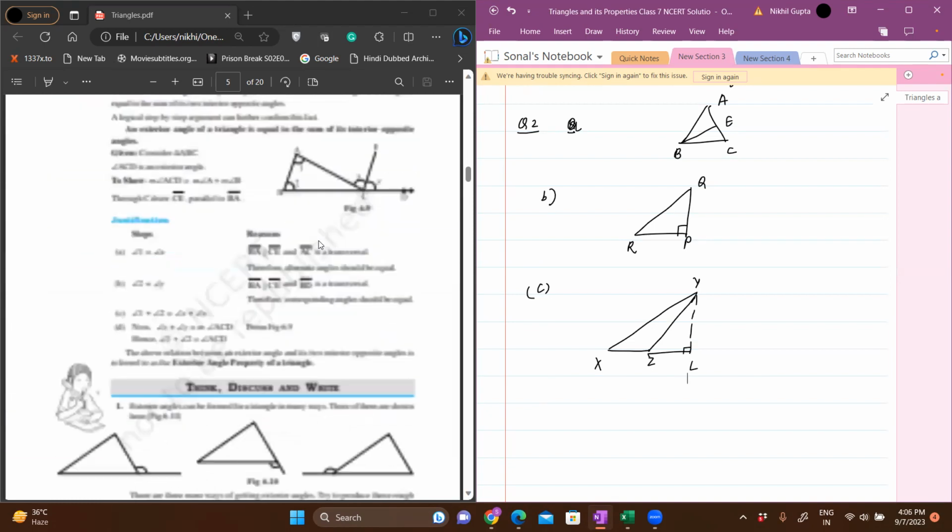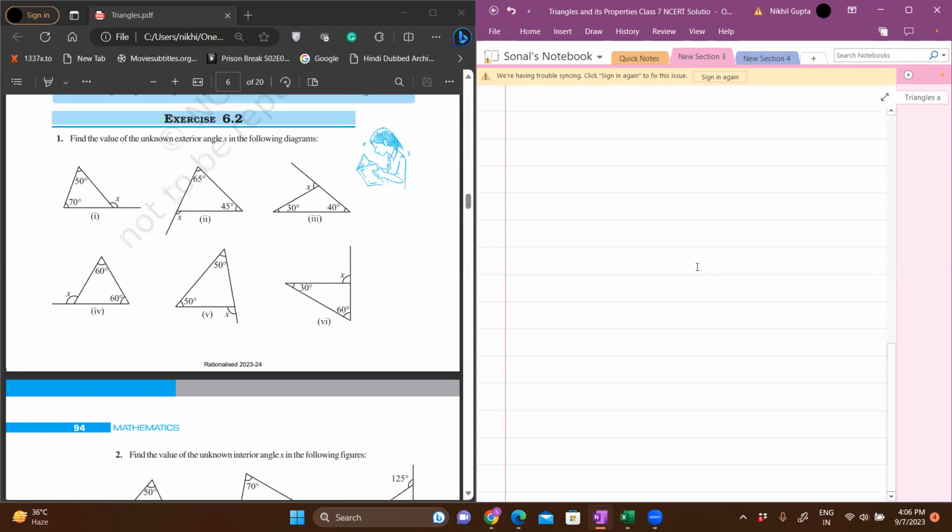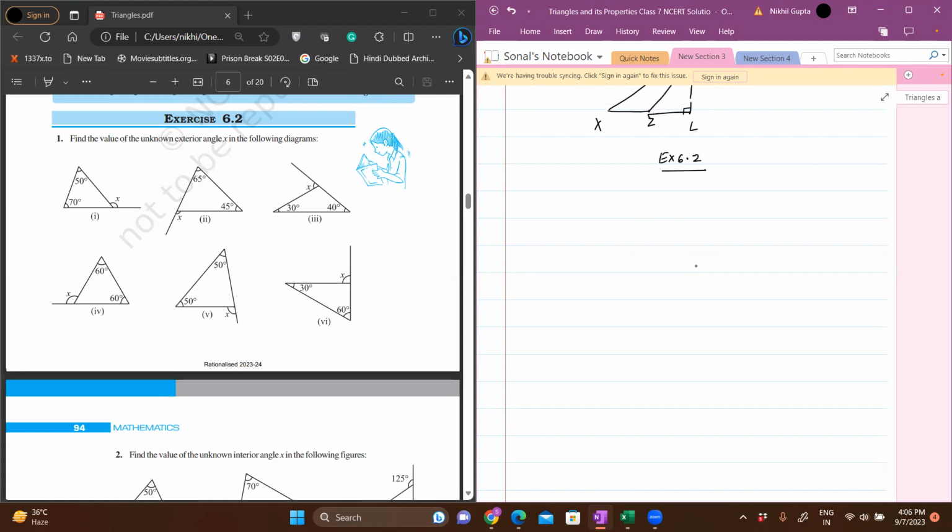Let's move on to the exterior angle property of a triangle, exercise 6.2 now. Exercise 6.2 says, find the value of the unknown exterior angle. Actually, the exterior angle property says the exterior angle of any triangle is equal to the sum of the opposite interior angles, right?